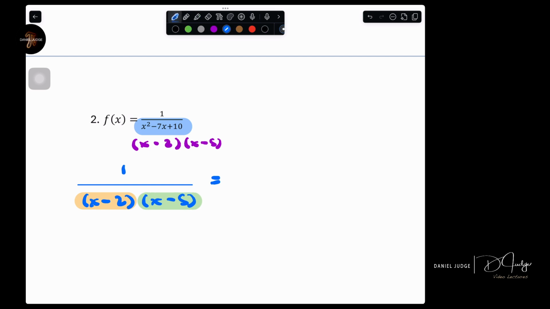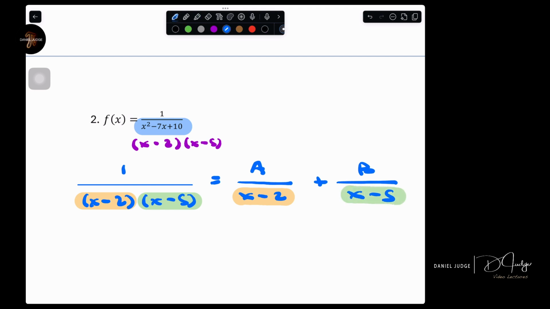We want to write this as a sum or difference of what? Simpler linear factors. So for every linear factor, we have to write it as a constant over that linear denominator.